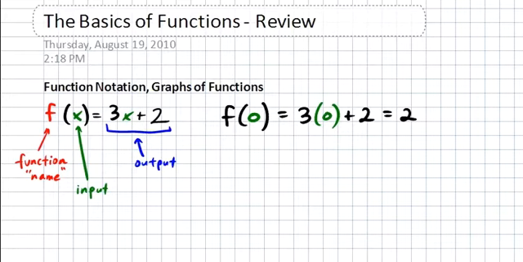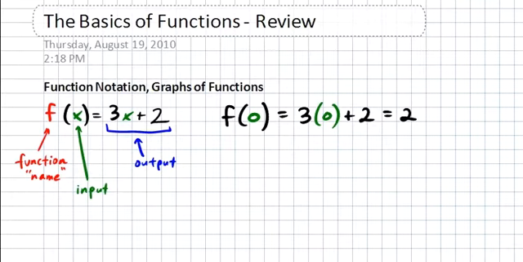We choose what x to use. And our output, after doing the arithmetic, is 2. That's also a variable. That's the dependent variable. So we have 3 times the independent variable plus 2 gets us our dependent variable. 3 times 0 plus 2 equals 2.